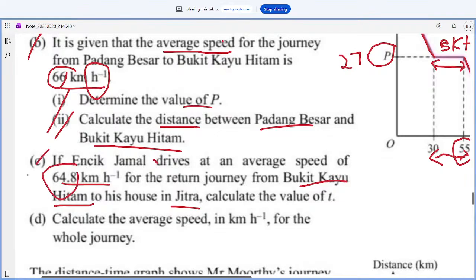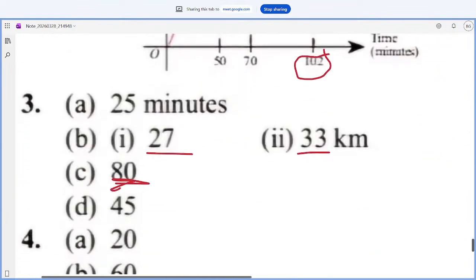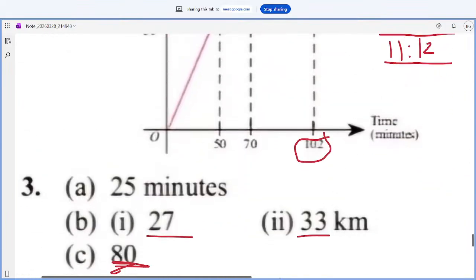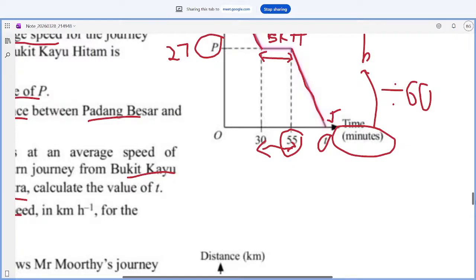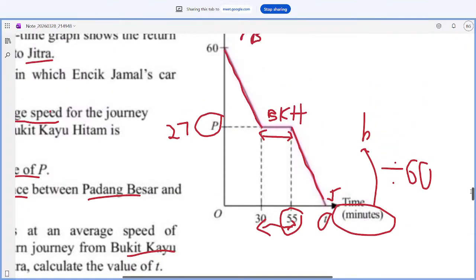Alright, any problem guys? Question C? Ada apa-apa masalah? Part C? You got 80, yeah? Wait, let me see. Yeah, correct. Okay, 80 is the answer. Yeah, very good. So you guys know lah how to do it. Alright, now they ask you calculate the average speed for the whole journey. Okay, laju purata untuk keseluruhan perjalanan. So basically, total distance guys.